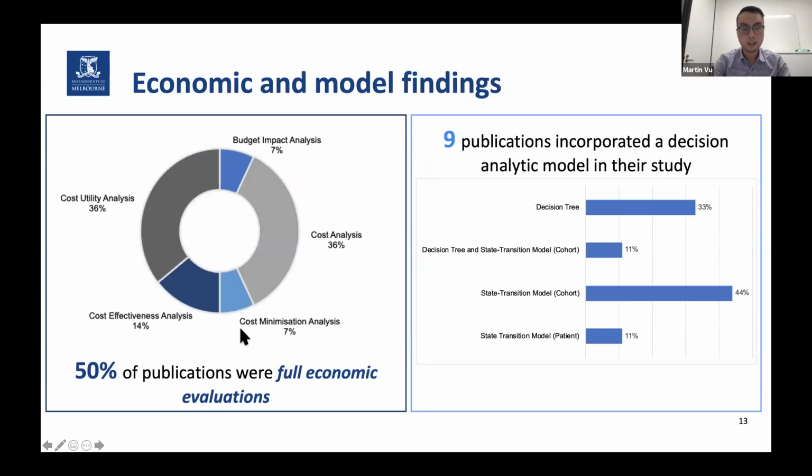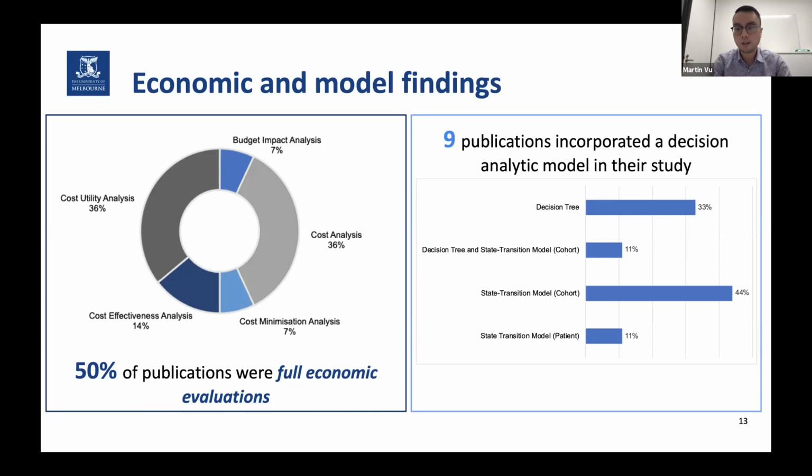In terms of the economic and model findings, we see a 50-50 split on publications that were considered full economic evaluations, so considered both economic and health outcomes, and the remaining 50% were either cost analysis or a budget impact analysis.